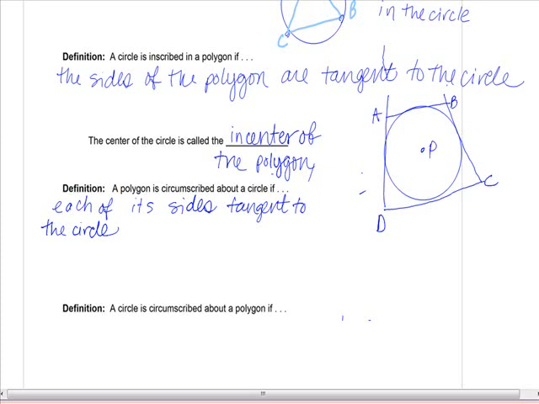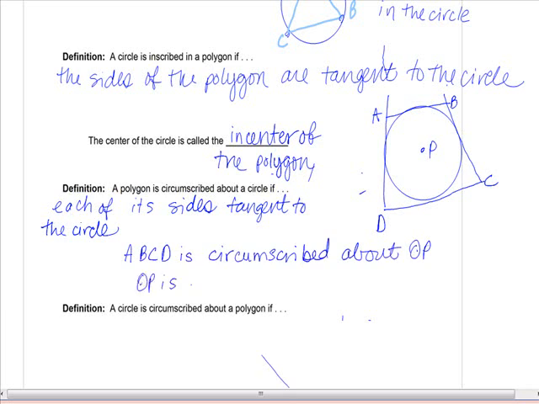I could think of it that ABCD, the quadrilateral, is circumscribed about circle P. Or I could say that circle P is inscribed in ABCD.